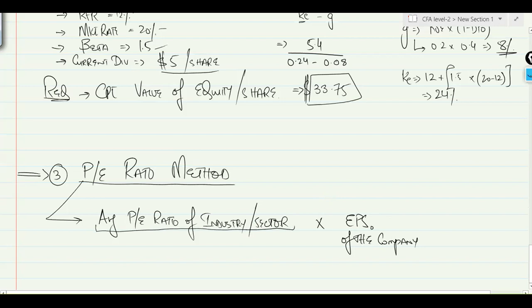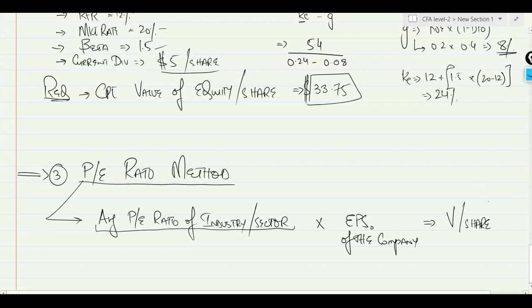So I'm using an average price to earning ratio and multiplying that by the EPS, or earnings per share, of the company. That will also give me value per share or price per share.